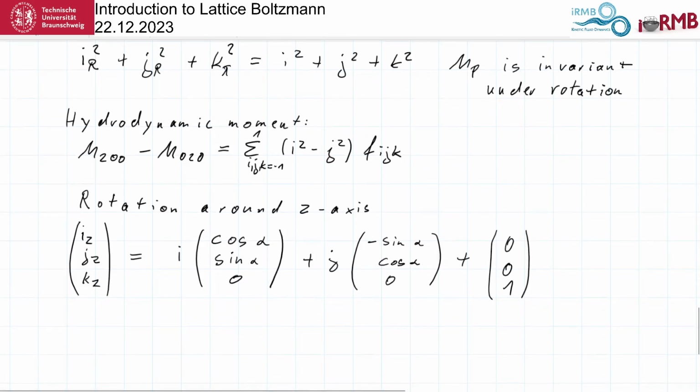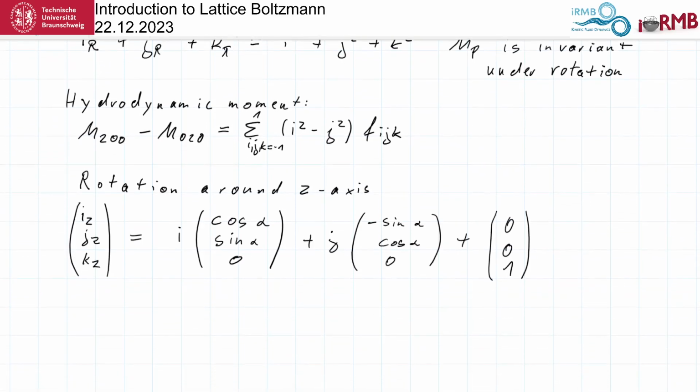Now for iz squared, which is what we need, that would be i cosine alpha minus j sine alpha, squared. Now let's do this.